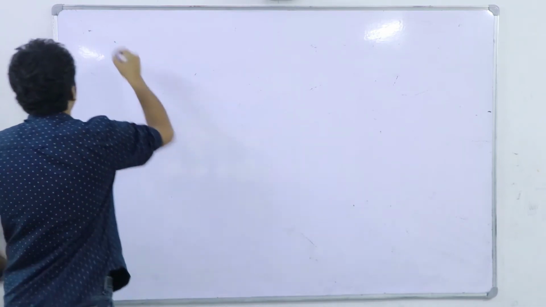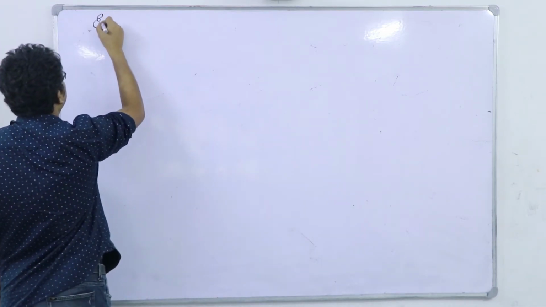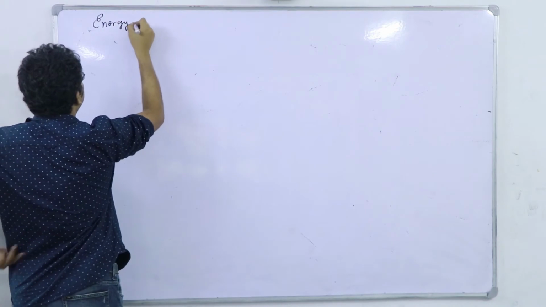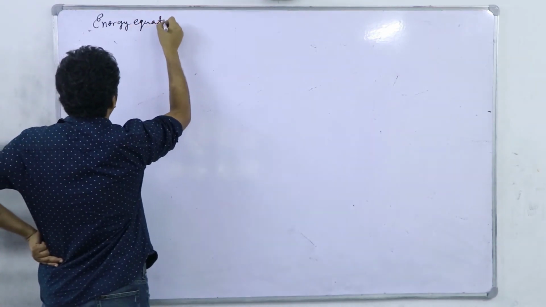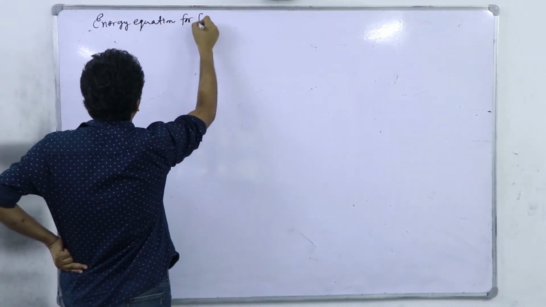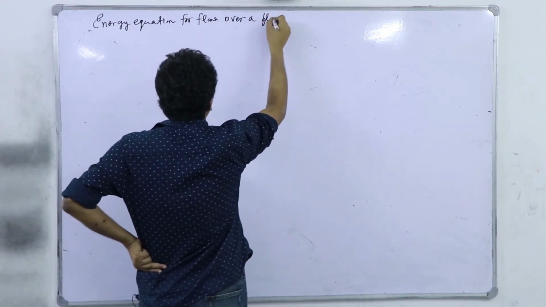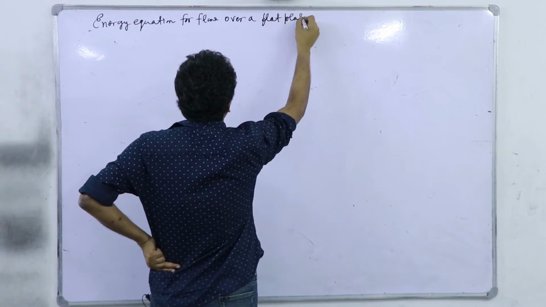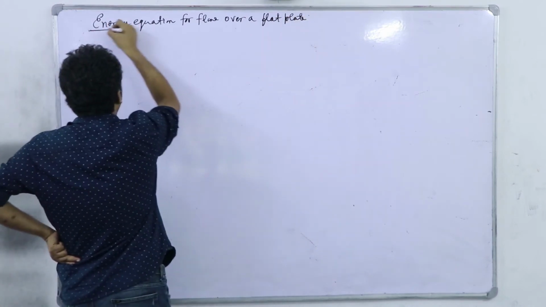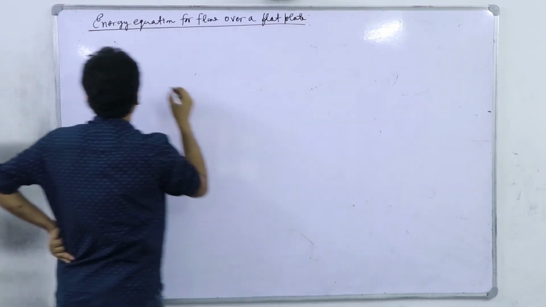So, this is the energy equation for flow over a flat plate. Energy equation for flow over a flat plate.